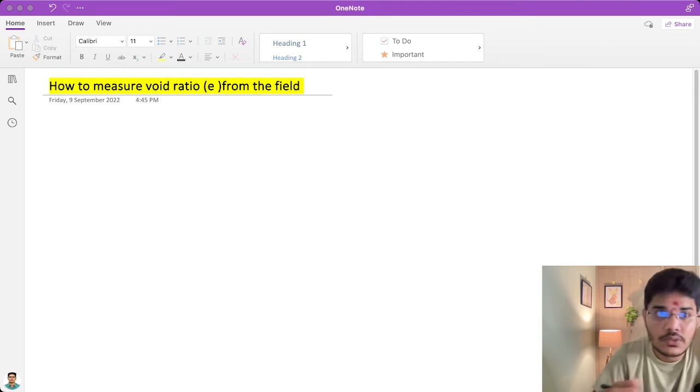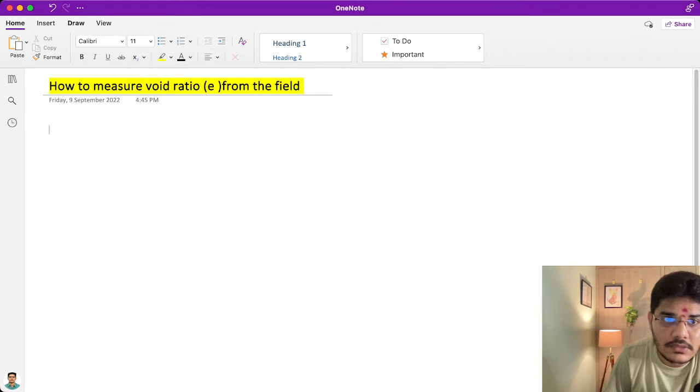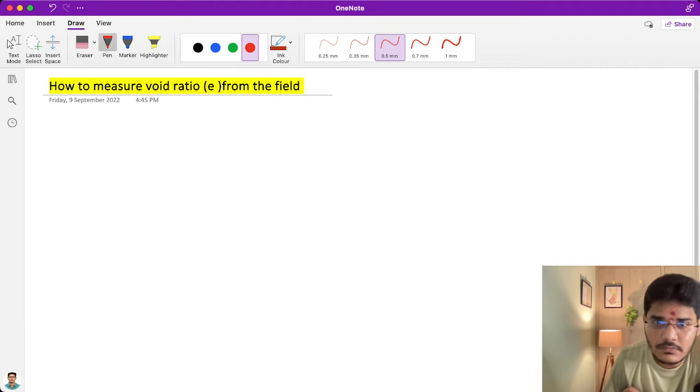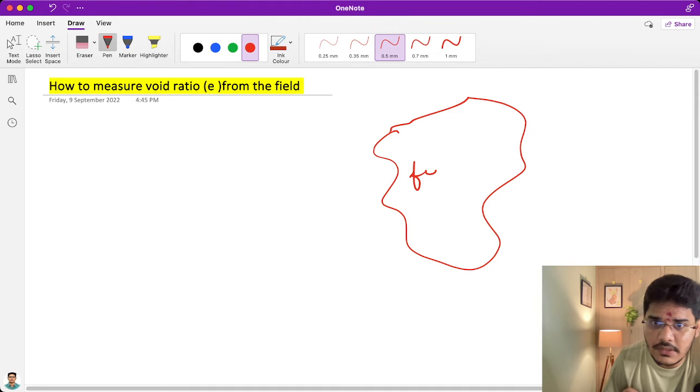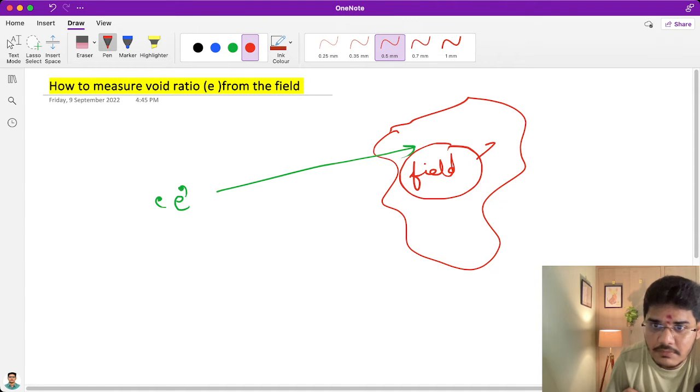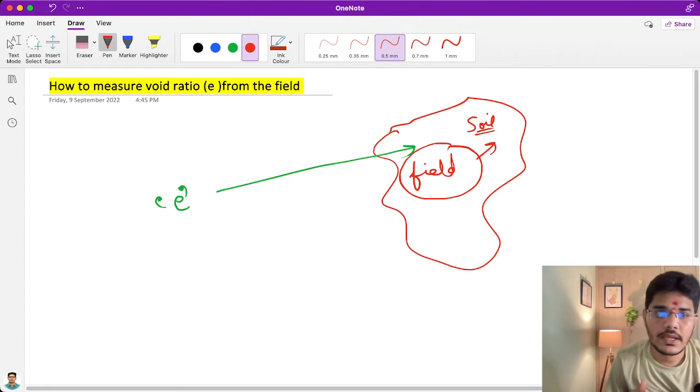Now I'll discuss how we can measure it. For example, this is the field, and I want the void ratio e for this soil. So how can I measure it?